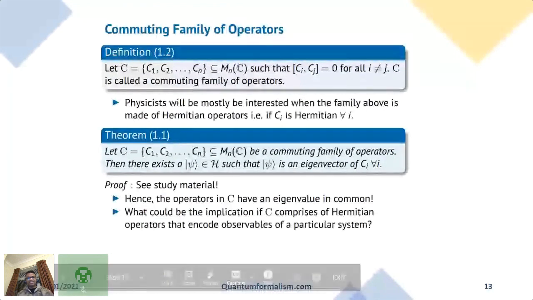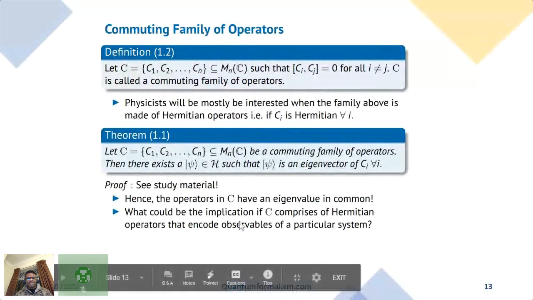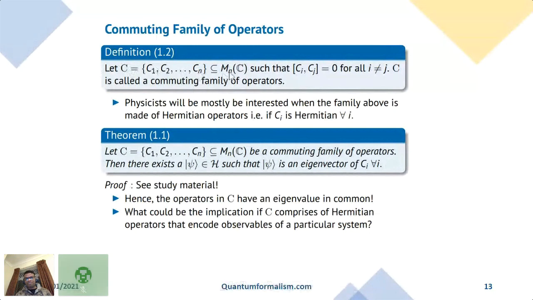Now, here's an interesting thing: what we call a commuting family of operators. You have a finite set, where n doesn't have to be this n; I should probably have written k instead, but it doesn't matter.